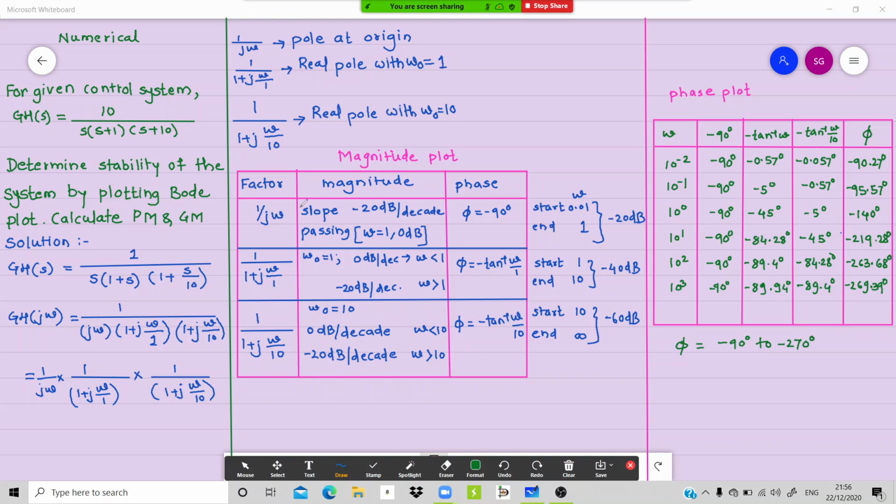Done. So we'll use this knowledge, and now we'll try to draw the Bode plot.